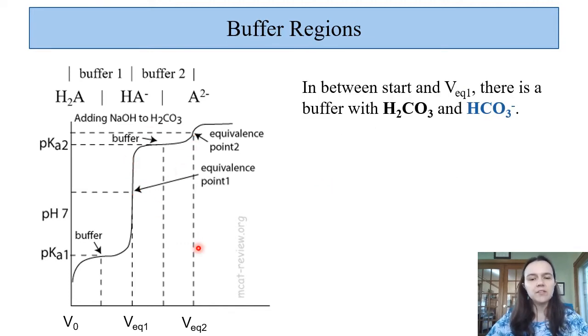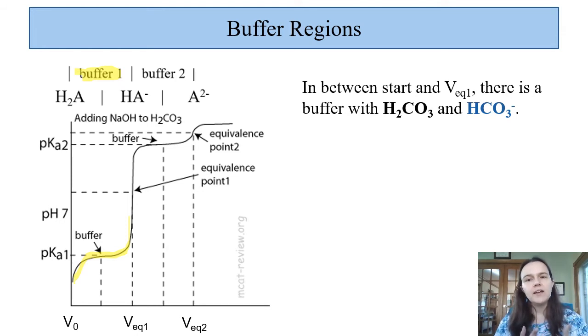In between the starting point and the first equivalence point, there is a buffer. And that buffer region is marked above this plot where we have the identities of our different components, with H2A starting out at the very beginning. And then we go through this buffer zone as you head towards the first equivalence point.